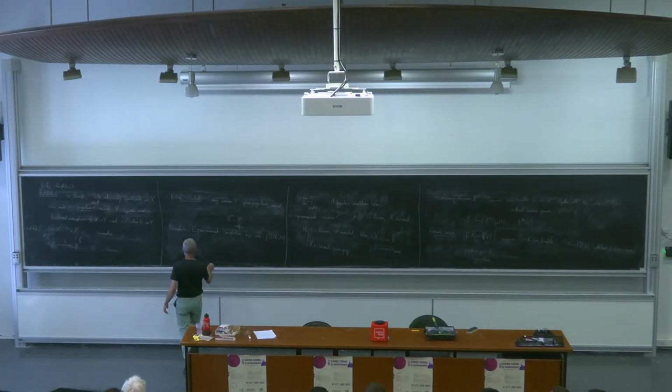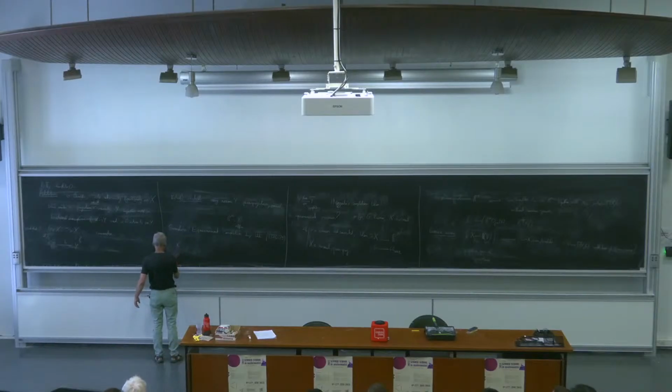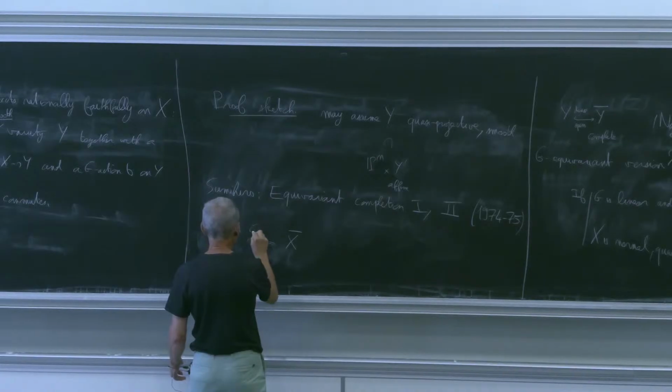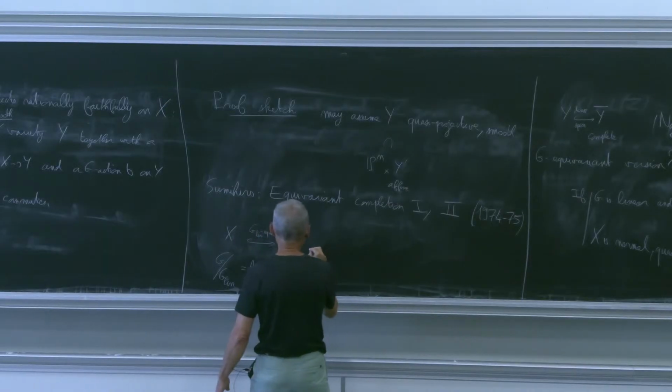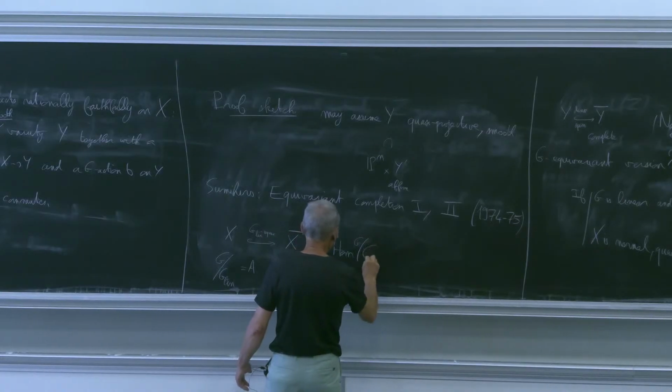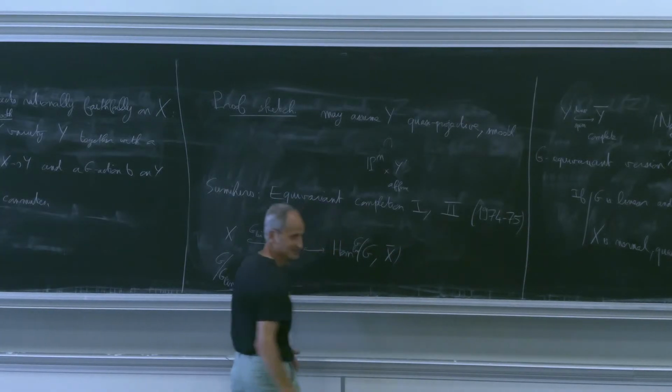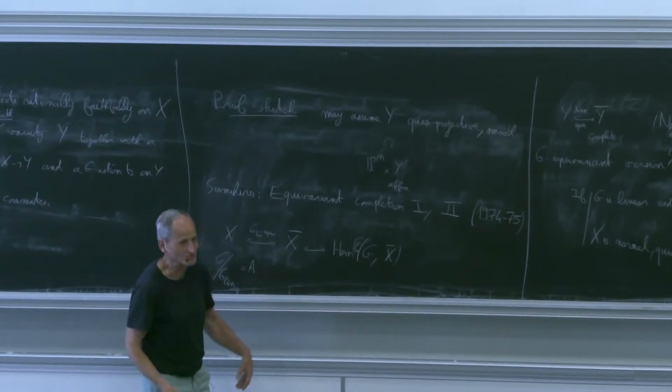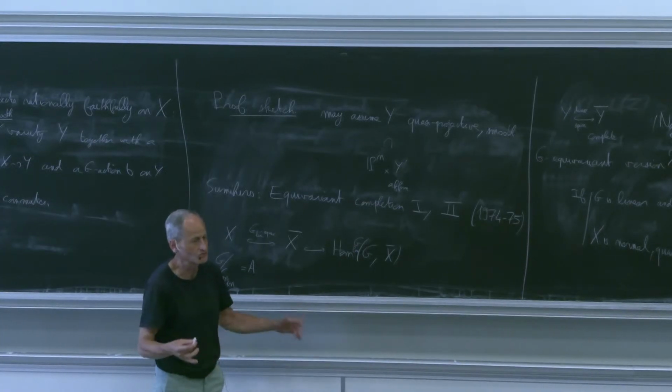So assume you have your X, and you have your G, and you have this G lin, which is affine. You know how to embed X equivariantly for G lin. And then what you do is to embed it further in a Hom over G lin of G, X bar, by some process which is just induction in representation theory, exactly the same formula.